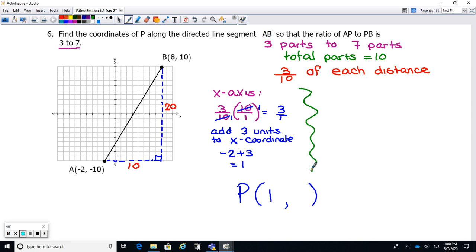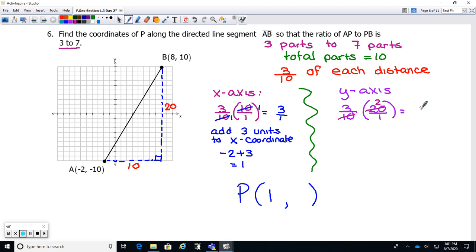Let's go over here. The y-axis, I still need that 3/10, but this time I want to go 3/10 of the full 20. Put that over 1. Let's do some reducing. 10 goes into 20 2 times.